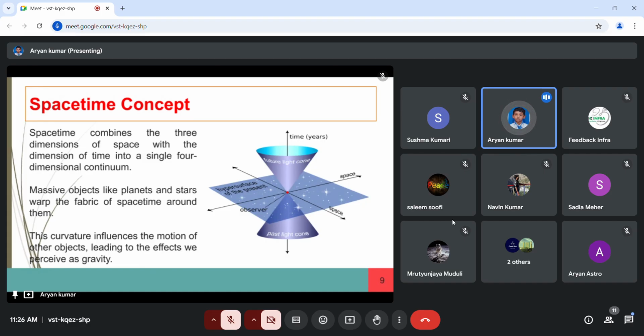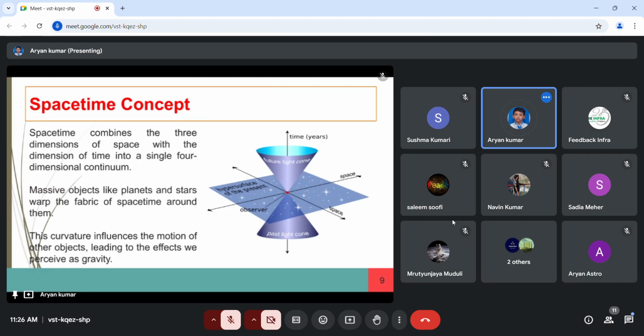This curvature makes the illusion of gravity. It is a four-dimensional fabric that combines space and time. It's the arena where all physical phenomena take place. Some key features are curvature and the four dimensions.